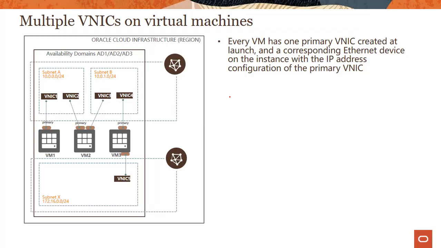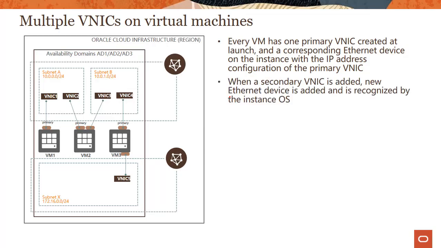Every VM has one primary VNIC. How do you create this? When you launch the instance, and we'll look into this in the demo. When you add a secondary VNIC, whether one or more, a new Ethernet device is added and is recognized by the instance operating system.